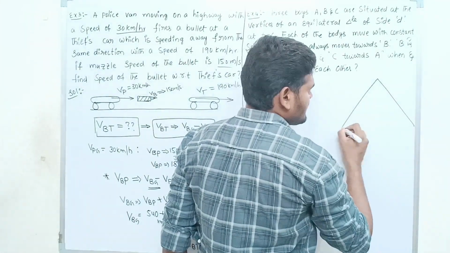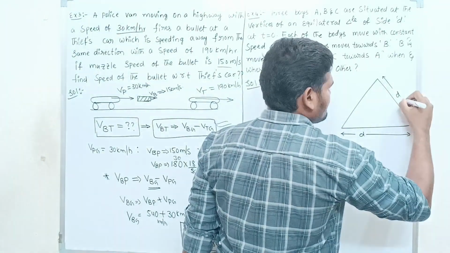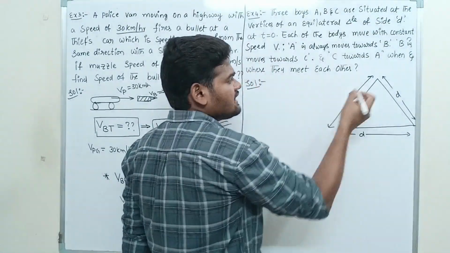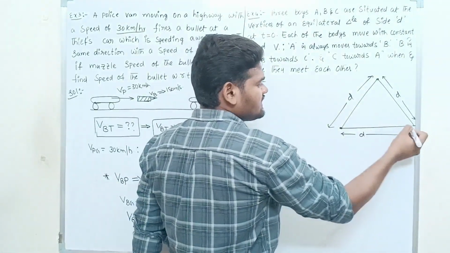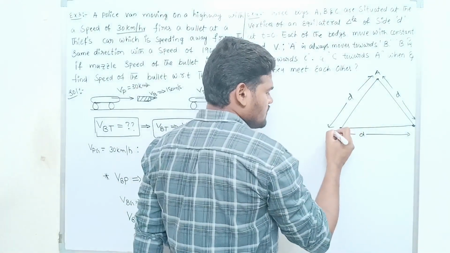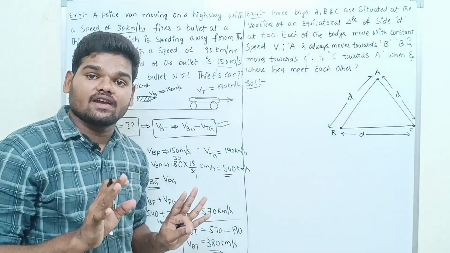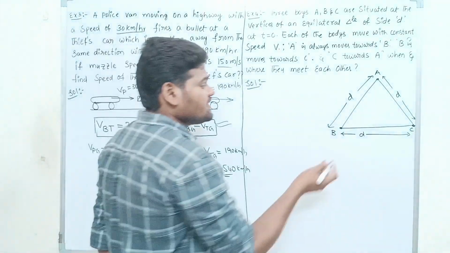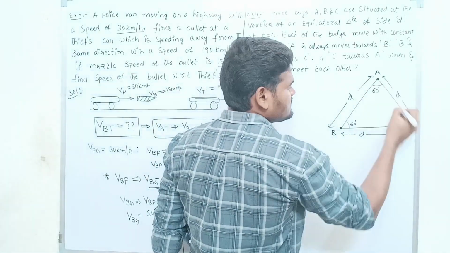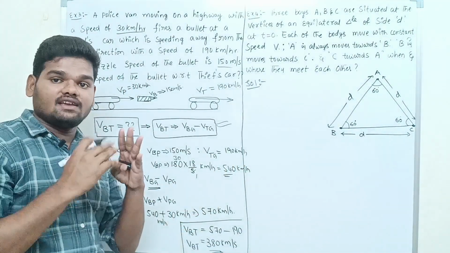The sides of the equilateral triangle are D, D, and D. At the vertices of this equilateral triangle, boy A, boy B, boy C are situated at time t equals 0. As we know, in an equilateral triangle each angle is equal to how much more? 60 degrees, 60 degrees, 60 degrees. That is the angle made by each pair of sides.